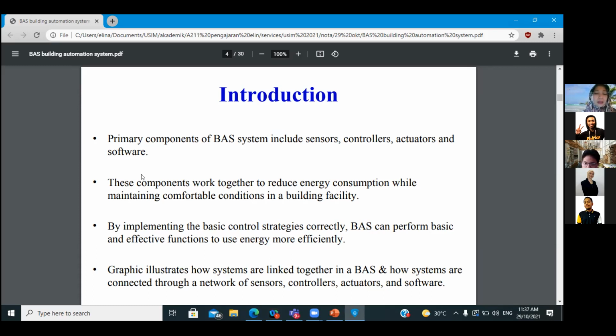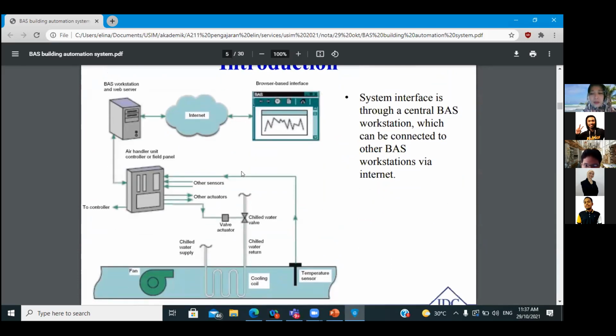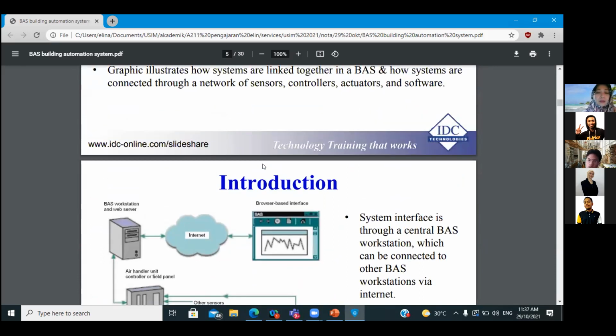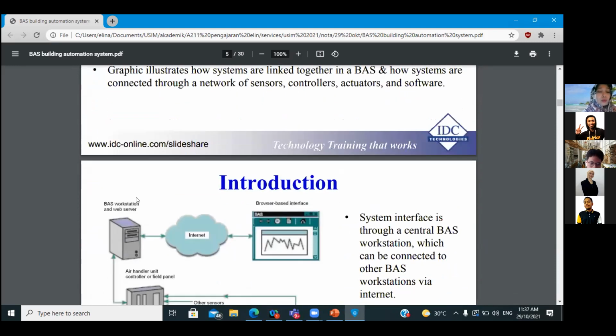Okay. So by implementing the basic control strategies correctly, BAS can perform basic and effective functions. You just need to know what a BAS is. BAS is the building automation system. You need the monitoring, you need the sensors, you need the actuators, and you need, what do you need? The server, a web server to monitor.